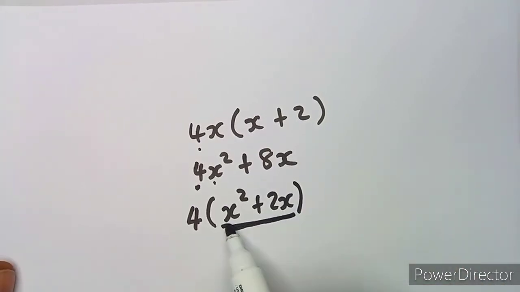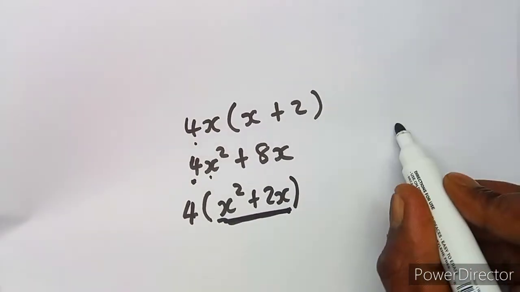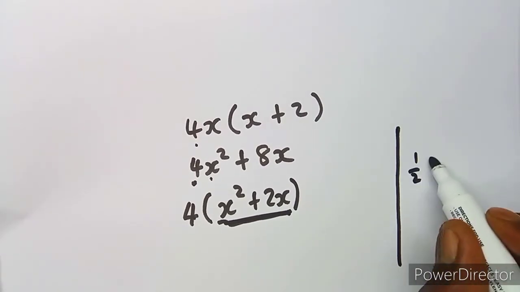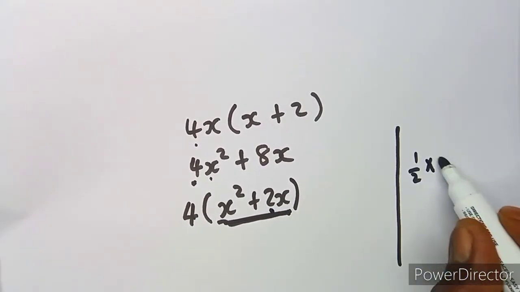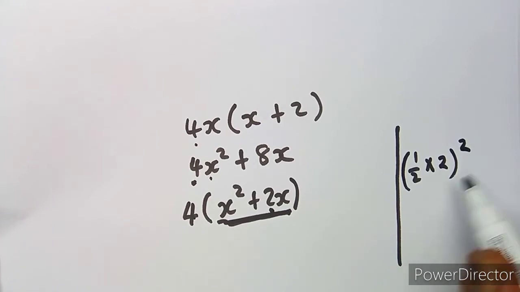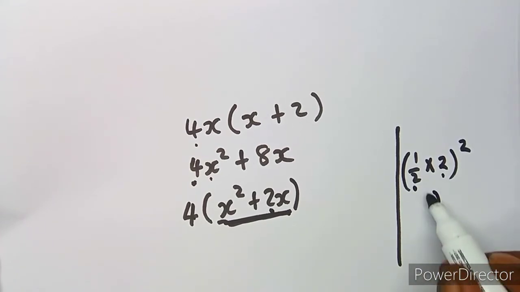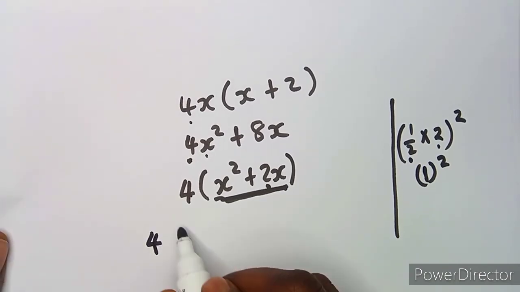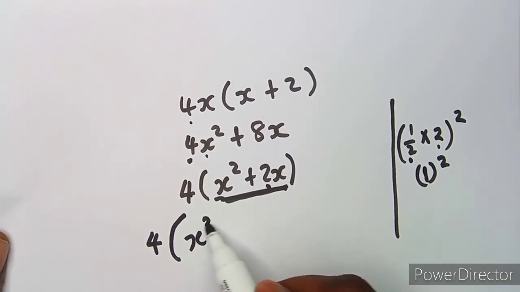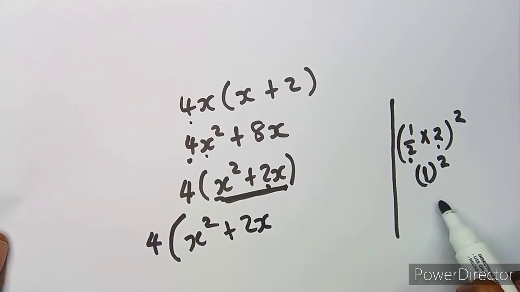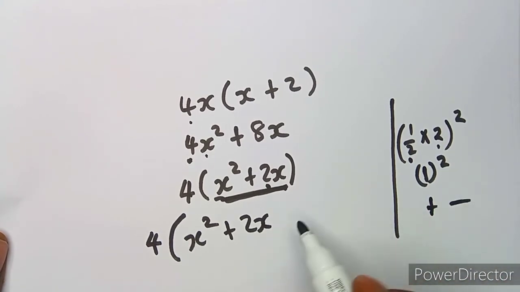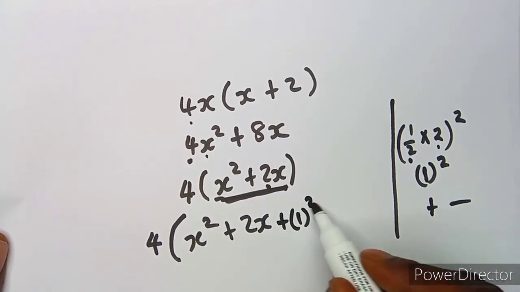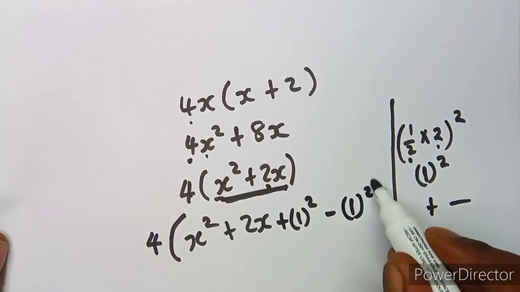So this is the part where I'm going to complete the square, where I have to find half the coefficient of x, which is 2. Then I have to square it. Half of 2 is 1, squared, and 1 squared is just 1. So it's going to be 4 into x squared plus 2x. Remember, we add and subtract the square, so we add 1 squared, then we subtract 1 squared.